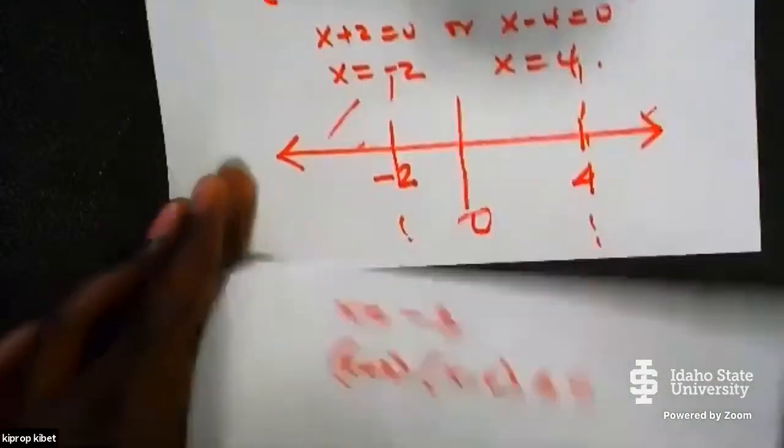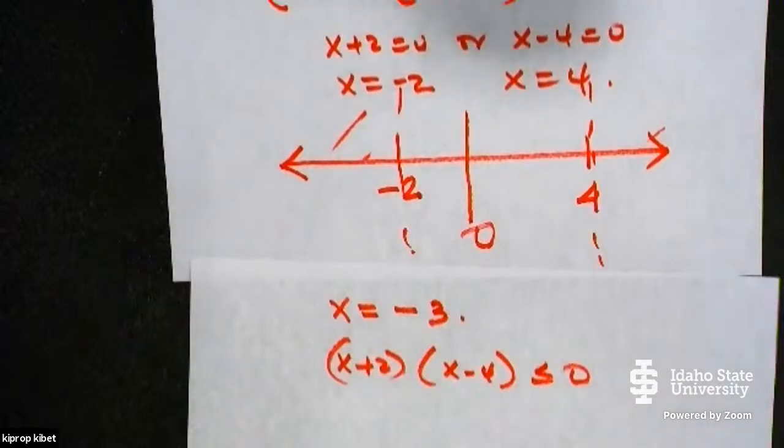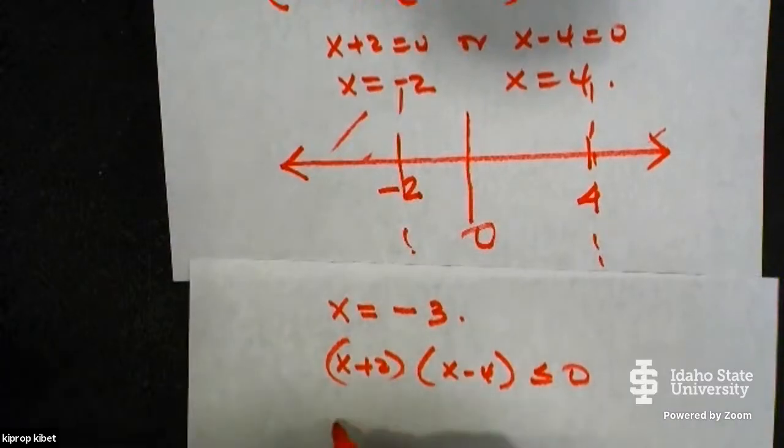When we slot in x equals -3 there, we get -3 plus 2, and then -3 minus 4. Is this less than or equal to 0?